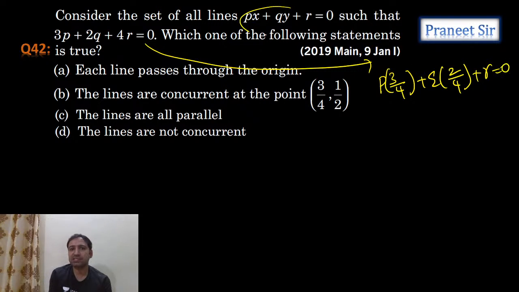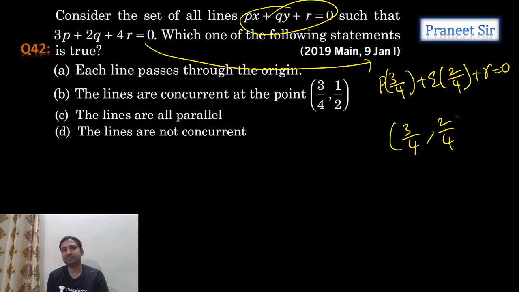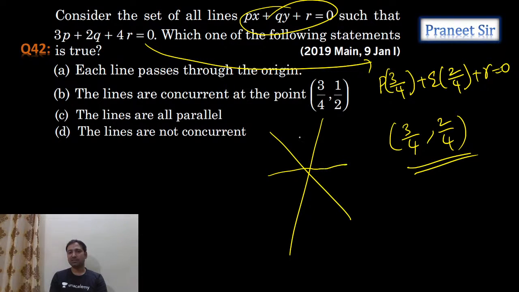Can I say that this straight line always passes through the point (3/4, 2/4)? All these lines are concurrent, that means they pass through a fixed point, (3/4, 1/2). Can I say it like this? All these are concurrent lines, a family of lines.